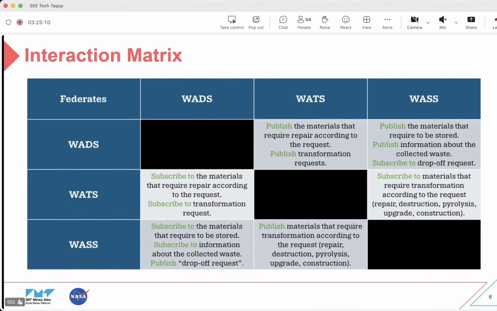For the waste transformation system, or the WATS in this case, it's going to, as I said, send repaired waste to the storage system or fabricate some required parts or elements, and the rest is redundant since it goes both ways. Can you go to the next slide, please?